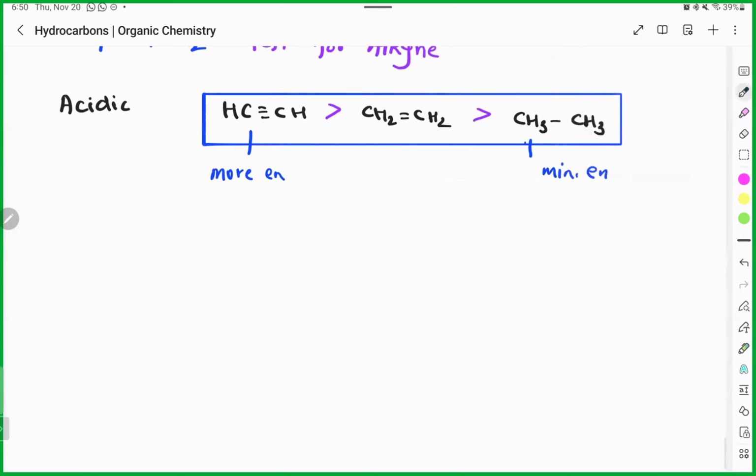Next, if you have CH triple bond CH, then CH3 C triple bond H, and CH3 C triple bond C CH3, which one is more acidic? The third one.